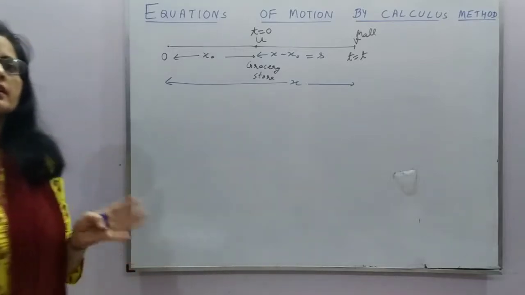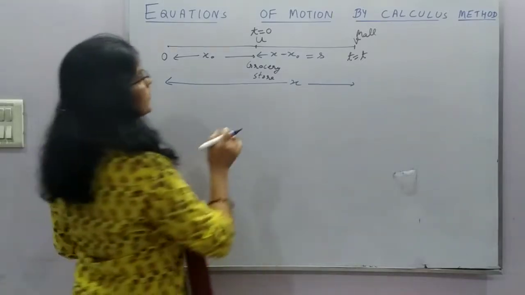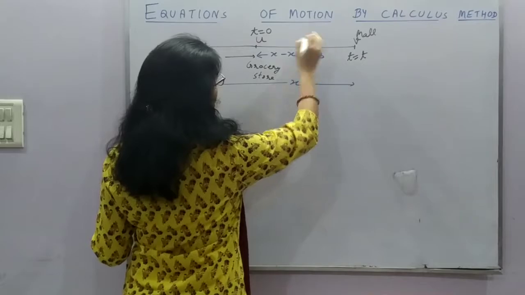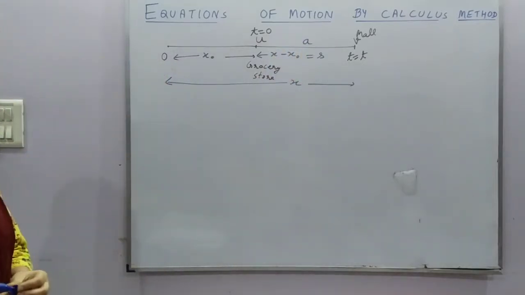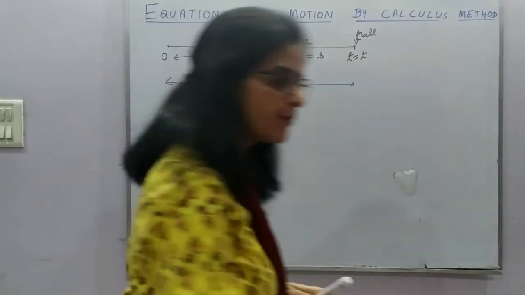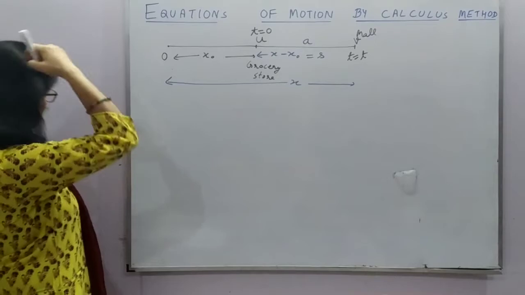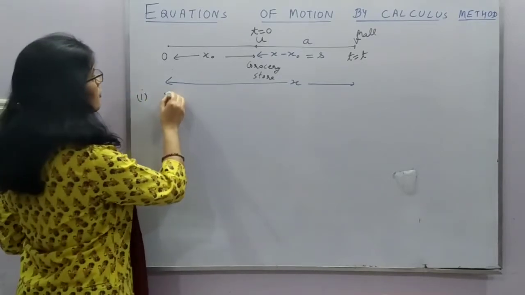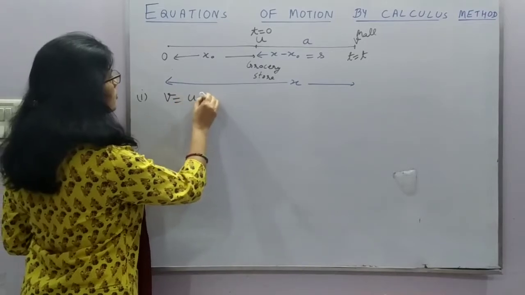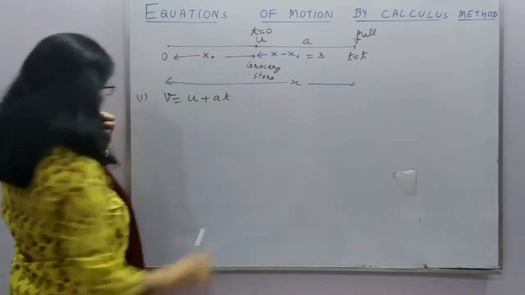We are considering this motion to be uniformly accelerated motion, right? So while deriving this, we'll keep this position in mind because we'll be using the concepts of calculus, right? So now, what is our first equation of motion? First equation of motion is v is equal to u plus at, right?